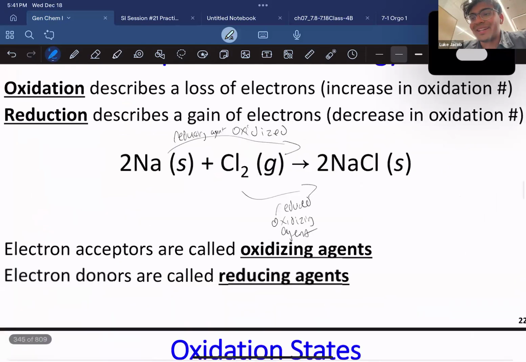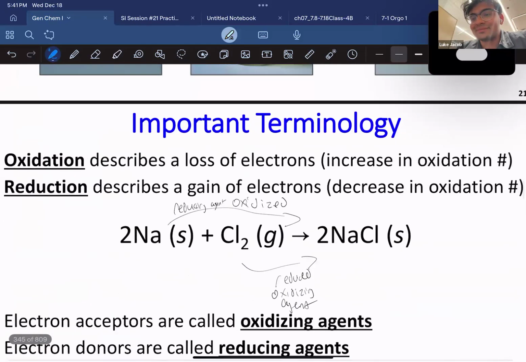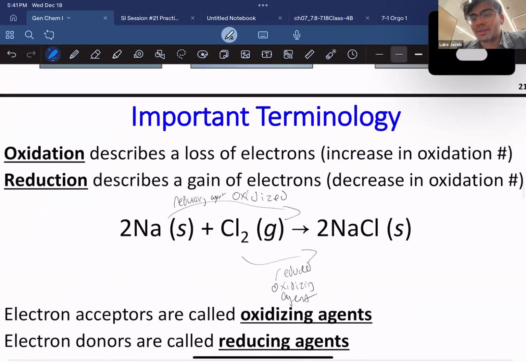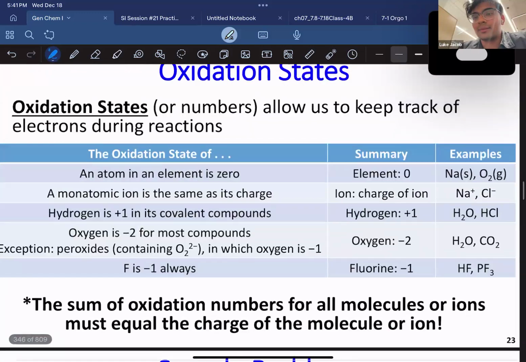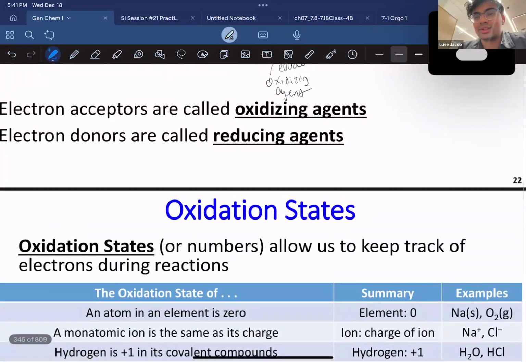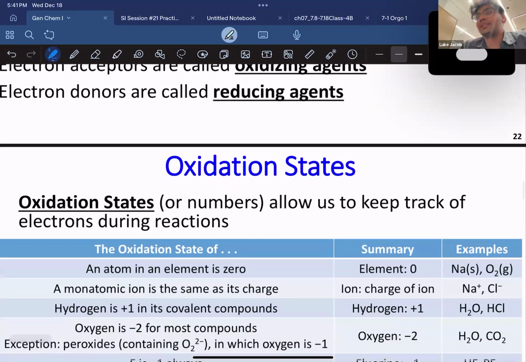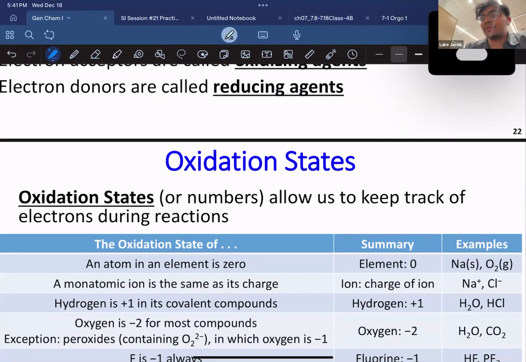Anyways, this is a redox reaction. Synthesis reactions are redox reactions. You're going from elements, right? These are 0 and 0, and then this is +1, -1. Decomposition reactions are also redox reactions, if you can identify what is decomposition or synthesis. He didn't go over the types of reactions, but basically synthesis is going from elements becoming a compound.